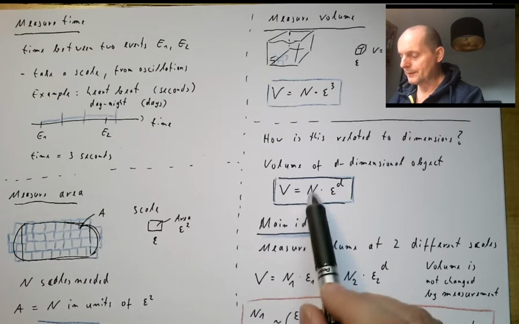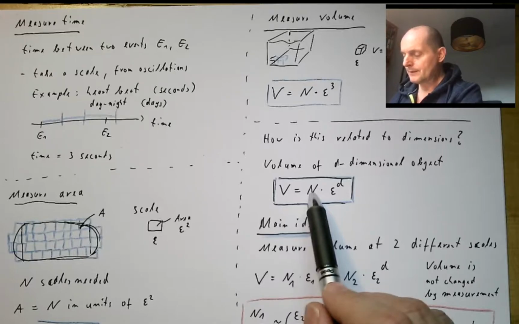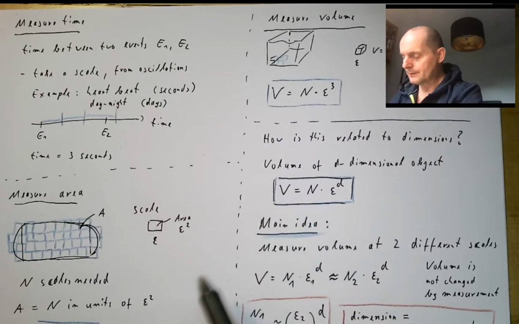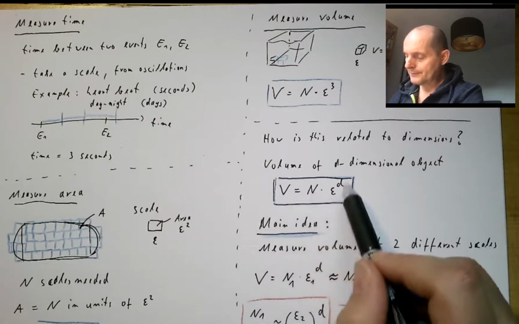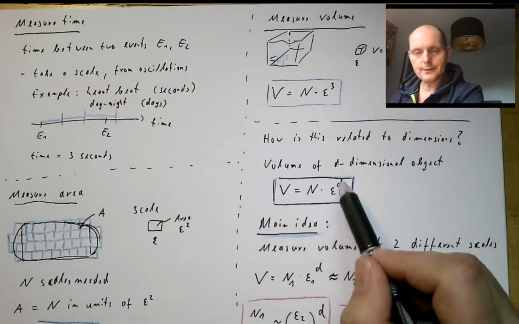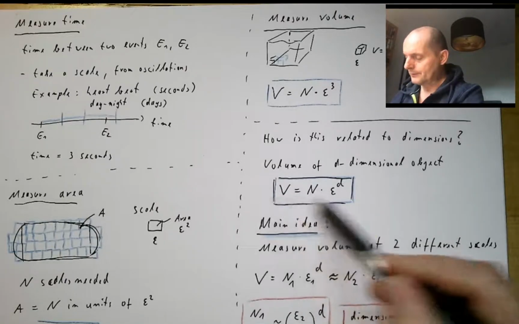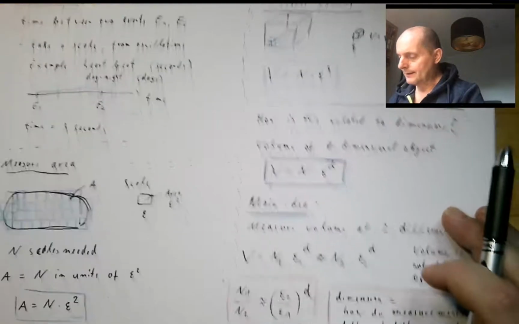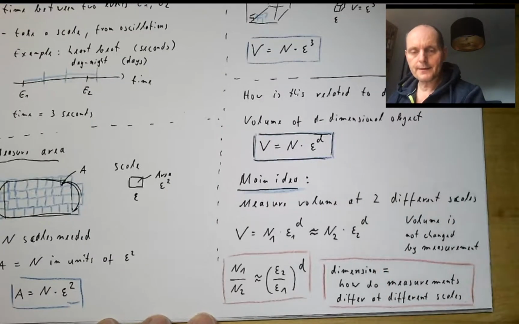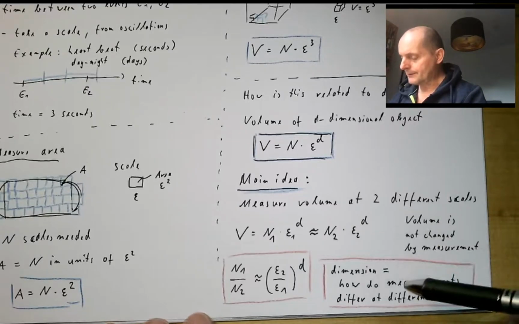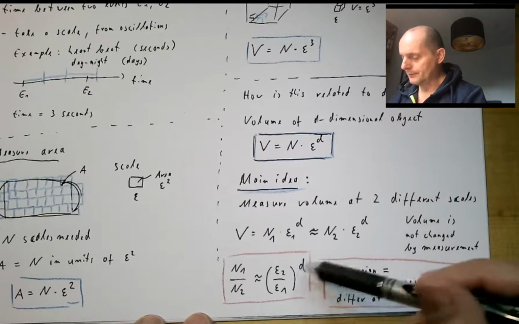We need to measure how many scales we need to cover our object, and then we give this in units of our scale. So that was how we make measurements, and here the dimension is somehow hidden inside this, and this gave us the idea of how to measure the dimension.